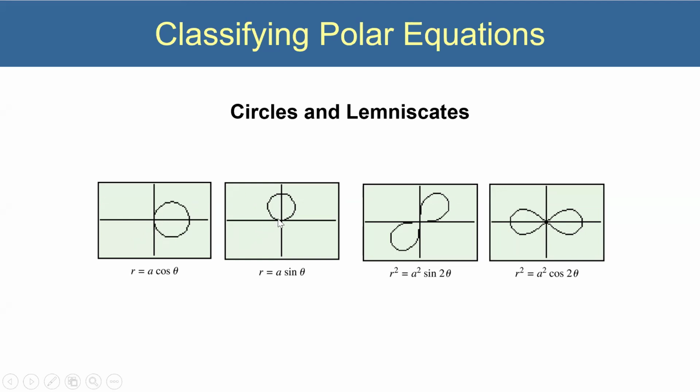A sine theta is centered around the y-axis, which makes sense because sine is focused on y. If you have a lemniscate, for sine, it's going to be diagonally through the origin. If you have a cosine lemniscate, it's going to be horizontally lined with the x-axis.